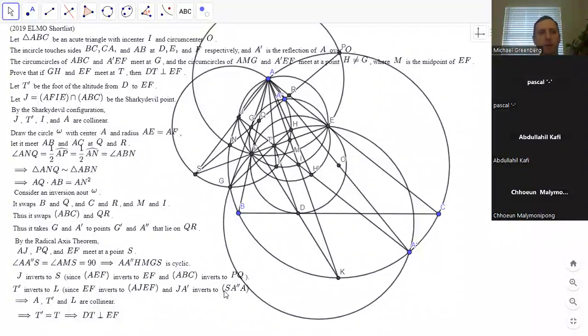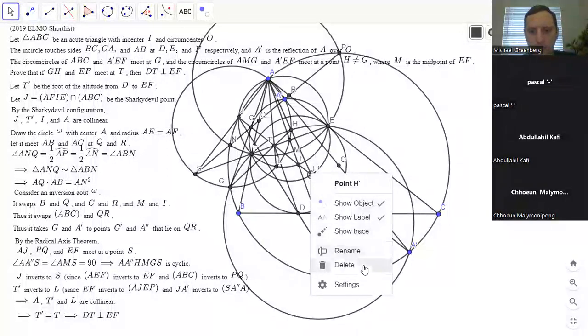Let's read through it one more time, then I'll move on to the next problem. So, T prime is the foot of the altitude. We know J, T prime, I, and A are collinear. I don't think we need H prime, so I'm going to get rid of H prime.